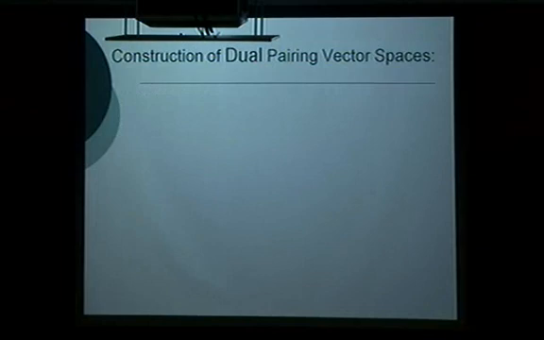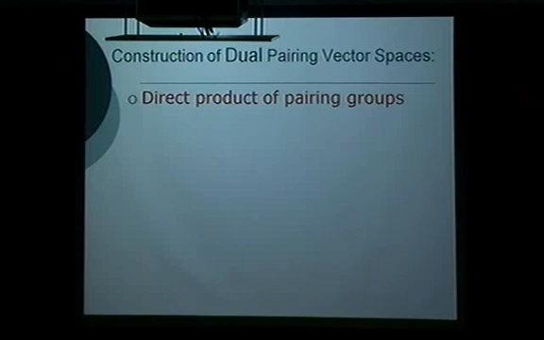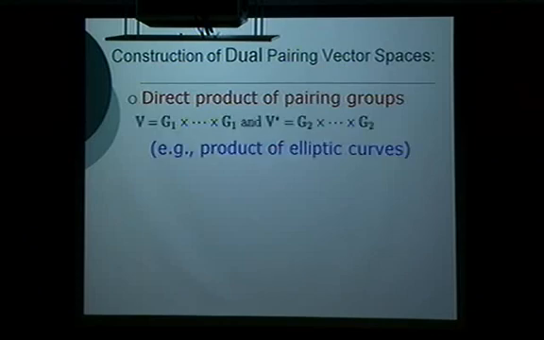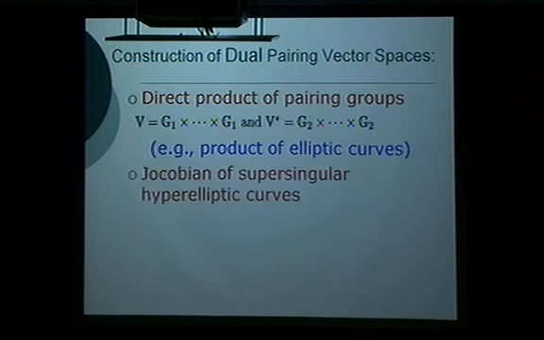So how do we construct such a concept, dual pairing vector spaces? The first one is the direct product of pairing groups that I just introduced. You can confirm that this satisfies the properties of dual pairing vector spaces. Another construction is the Jacobian of supersingular hyperelliptic curves.